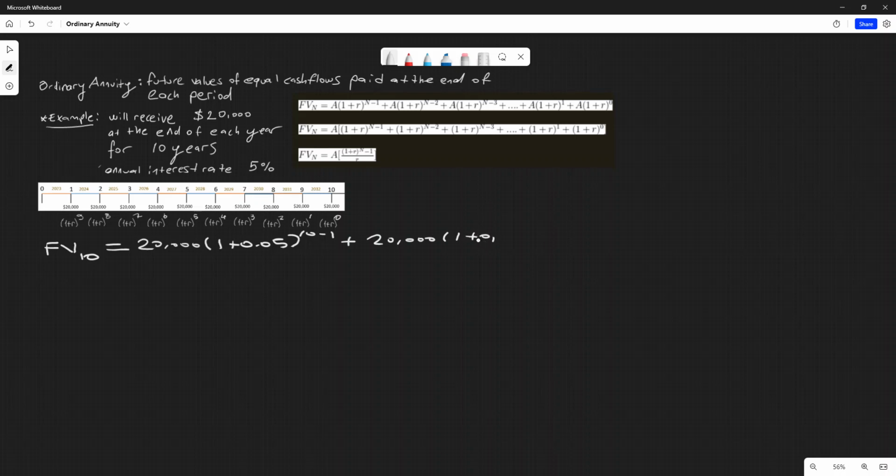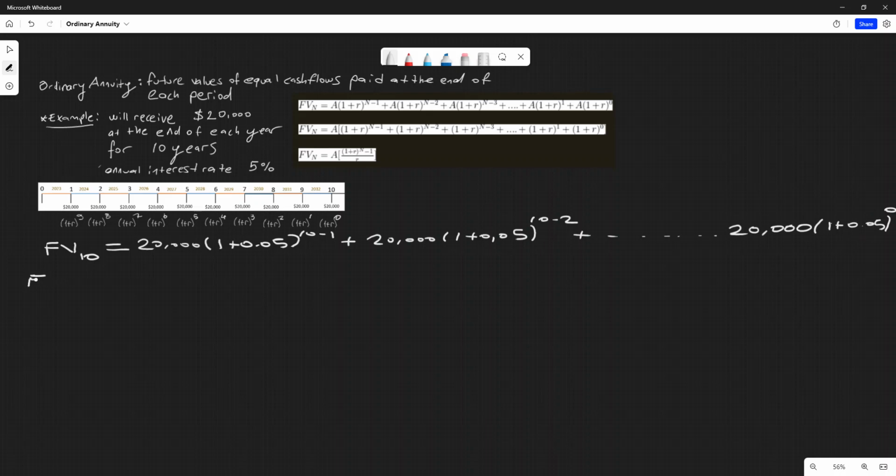Again, your future value factor is 1.05, and now you will subtract 2 from 10, and it will go on, and at the end of the final year, which was 2032, you will receive another $20,000, and your future value factor is 1 plus 0.05, and this time you will take the zeroth power of this future value factor.